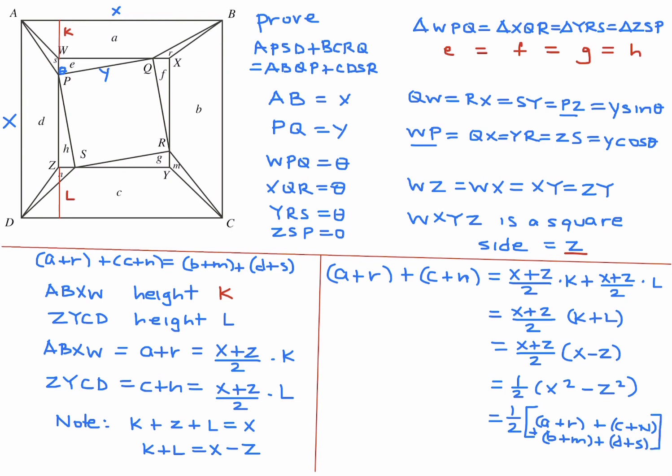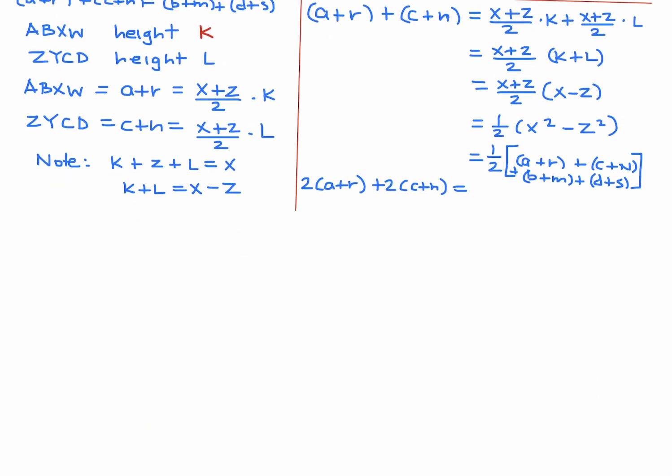And then therefore, if you multiply through the equation by 2 to get rid of this 1/2, you'll get 2(a plus r plus c plus n) is equal to, let's move this up, a plus r plus c plus n plus b plus m plus d plus s.